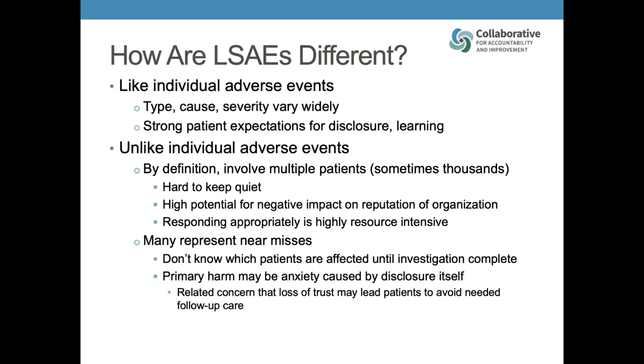One of the other major differences from individual adverse events is that many large-scale adverse events, at least for most of the patients that they have affected, represent near misses, meaning you've identified a process breakdown that potentially affected a large number of patients. But you don't know whether or who those affected patients are until you've done some sort of an investigation.